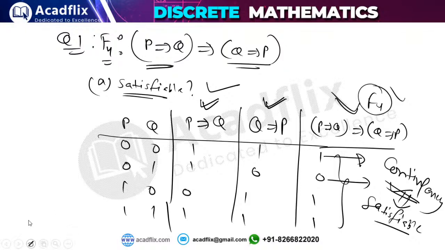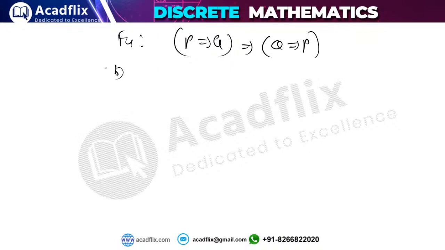Now the second question I can ask you. So F4 is the same, P implies Q implies Q implies P. This is your F4. Now the second question I am asking is, can you find the converse?